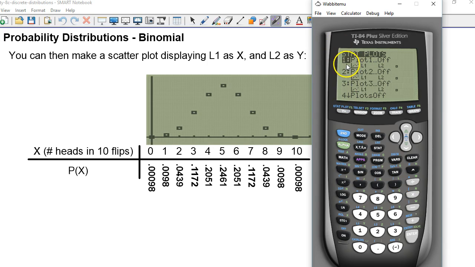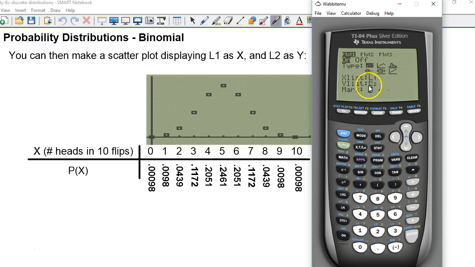With number 1 highlighted, we'll hit enter to go into the statistics plot setup menu, and then we'll turn it on and scroll down, and make sure that the first icon, the one that looks like dots, is highlighted. Then we'll scroll down, and if it doesn't already say so, we'll set X list to be list 1 by pressing second and then the 1 key and then hitting enter.